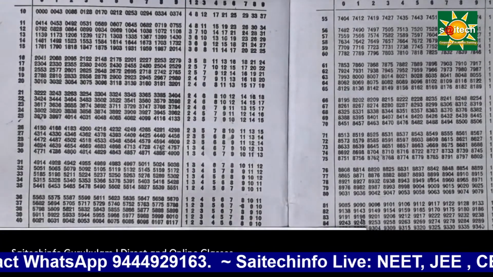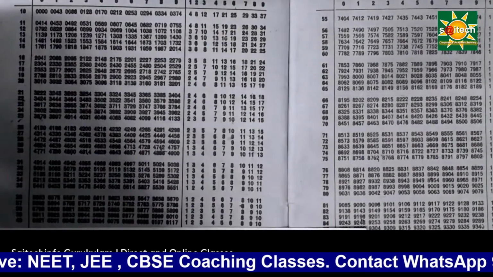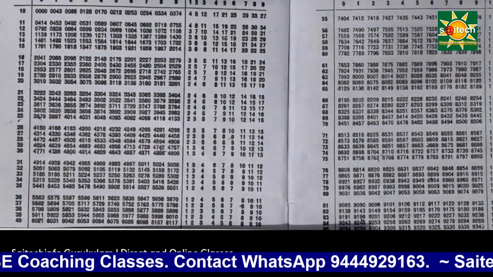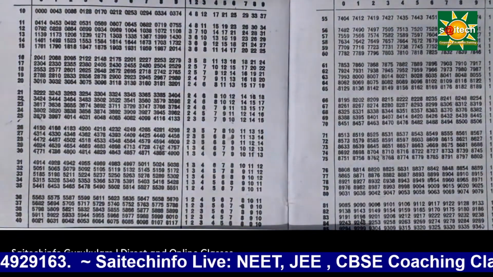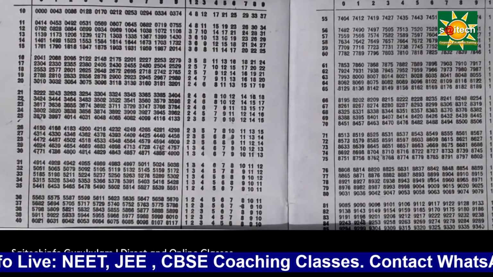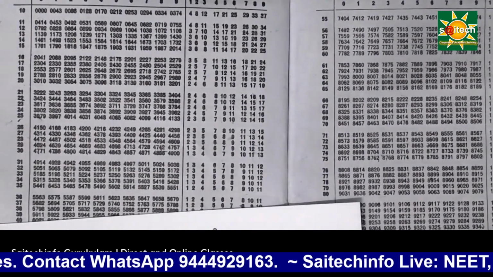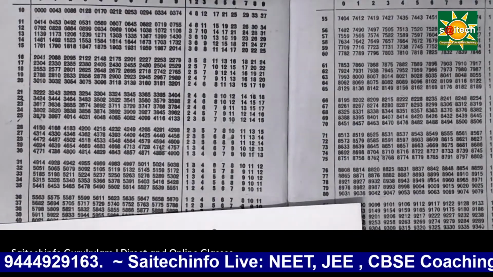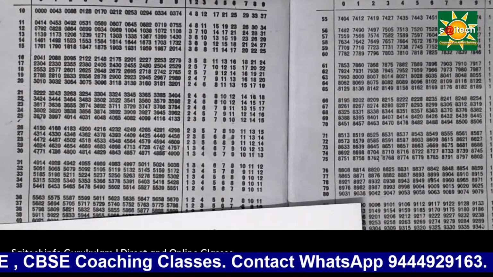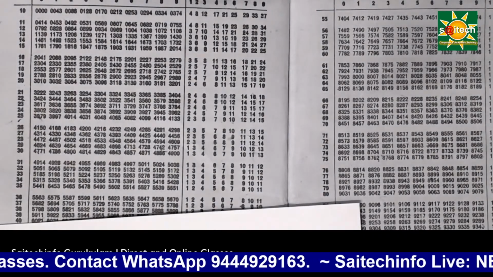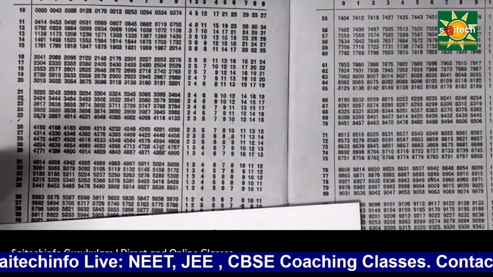So this is 6085. Now what is the mean difference? 2. So for 2, the mean difference is also 2. Now this is 0.6087. So this is the value of log of 4.062.